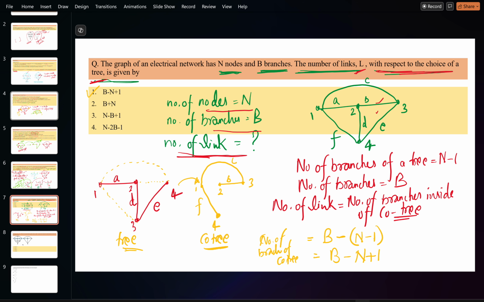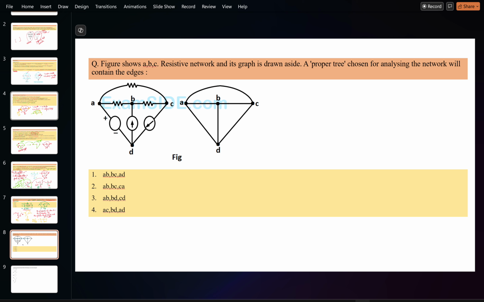Okay, let's move to the next problem. That is also an important question. Try to solve this. Proper tree means simply the tree definition. You have to tell me which option is correct if you are forming a tree out of this graph. Take your time and solve it.